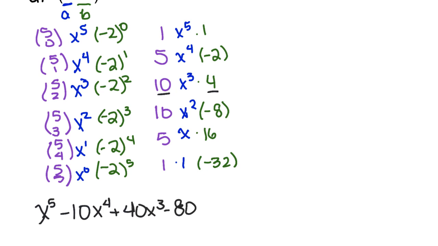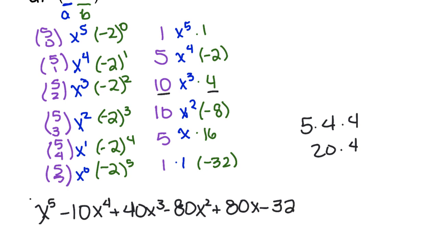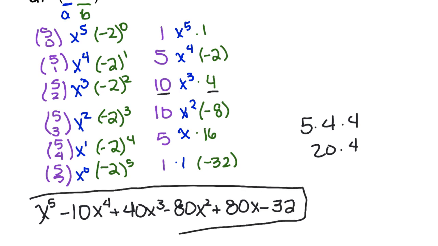Then we have negative 80, x squared. 5 times 16 is the same thing as 5 times 4 times 4, so I have 20 times 4, which is 80. Or you can just use a calculator. And then my last piece is minus 32. So that is the expansion for that.